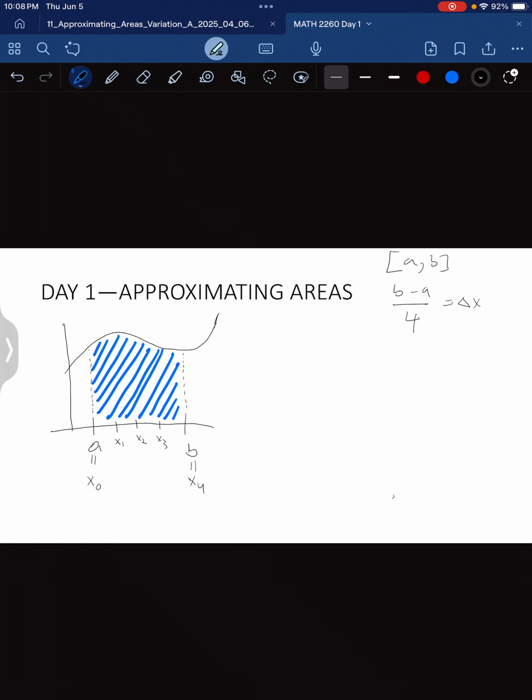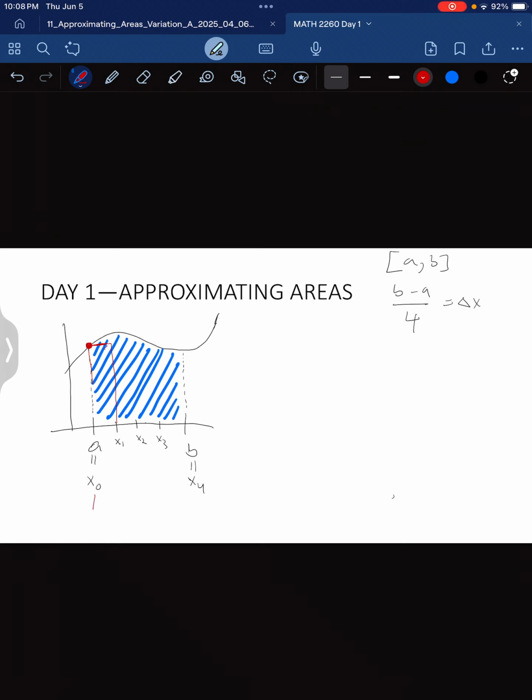So my first rectangle is going to have height f of a, or f of x sub 0, and so it's going to look like that. So it's undershooting the function value. It's an underestimate, right? Let me write that down.